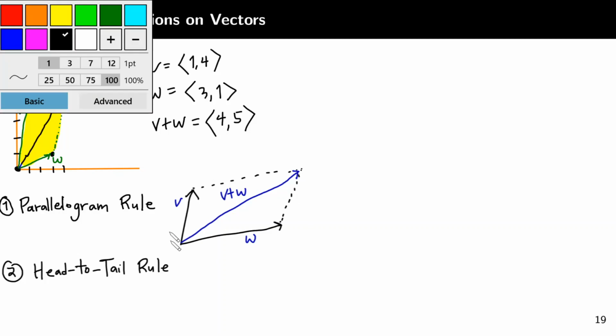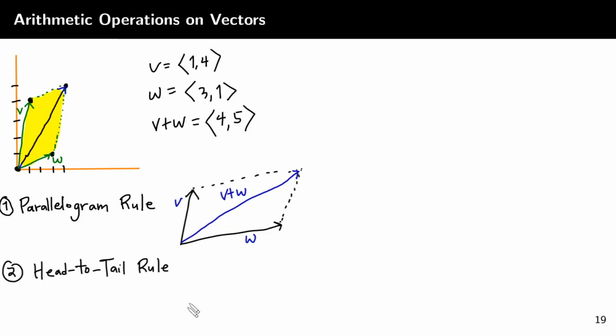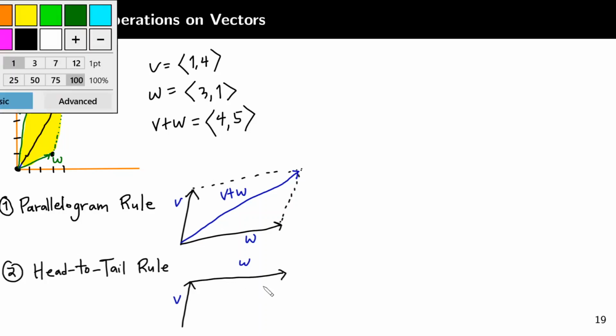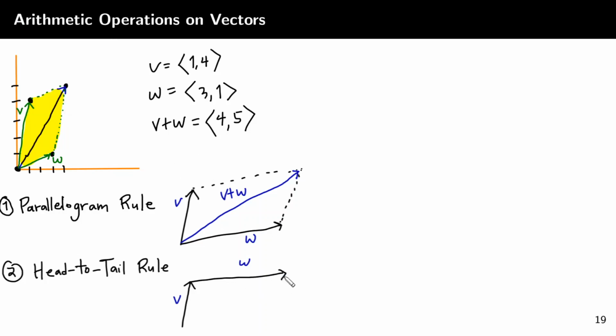So, dito sa example natin, gusto kong i-add ang V and W. So, I will connect V. So, ito yung V. So, dito sa head ni V, I will connect the tail of W. Ayan. Ito naman si W. And then, all I have to do is connect the head of W with the tail of V.